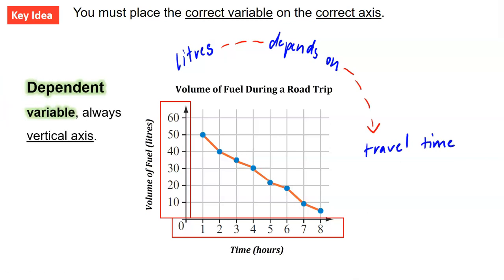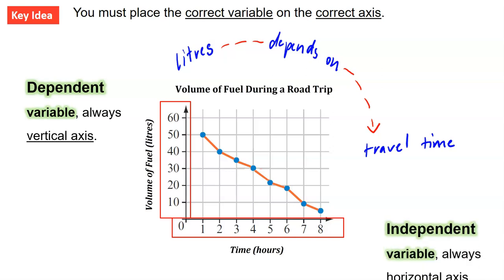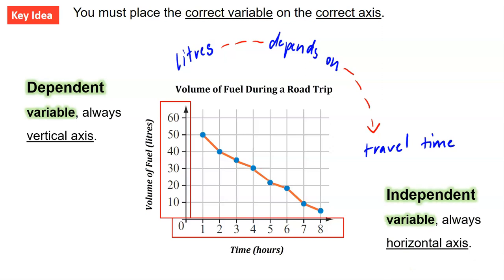The volume of fuel is known as the dependent variable, and it always is displayed on the vertical axis, and the travel time is known as the independent variable, because the time series will always pass independent of any other data we collect. And we take those time measurements at equal increments for the benefit of studying the other variable.